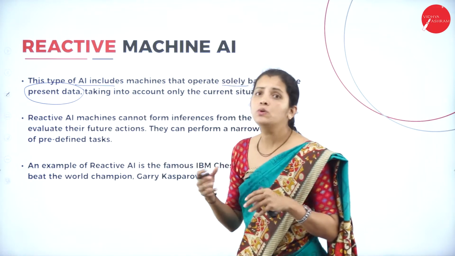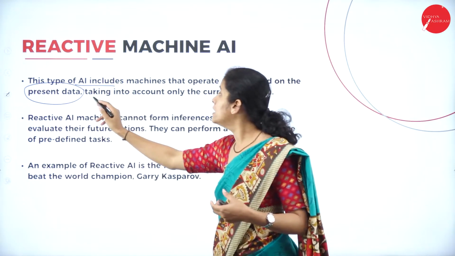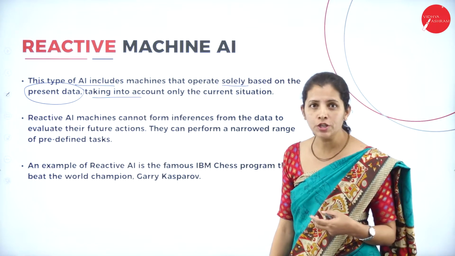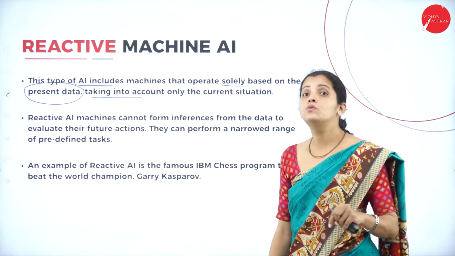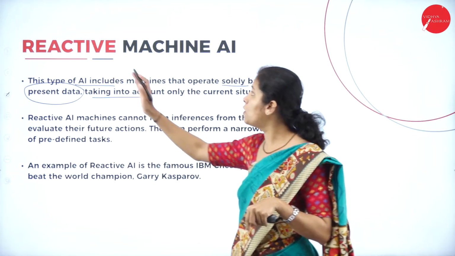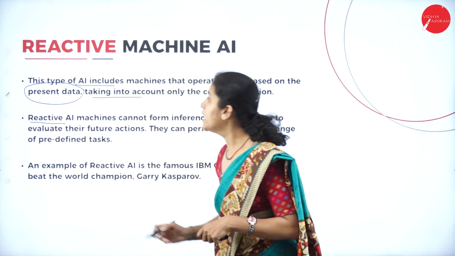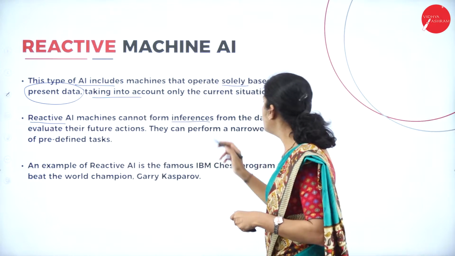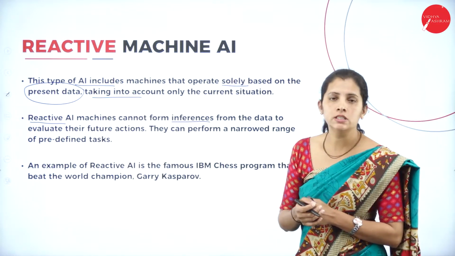So, it's going to consider the present data or current data, taking into account only the current situation. It considers the present data and takes the decision for the current situation, and that is called a reactive machine. Here, reactive AI machines cannot form inferences from the data to evaluate their future action.